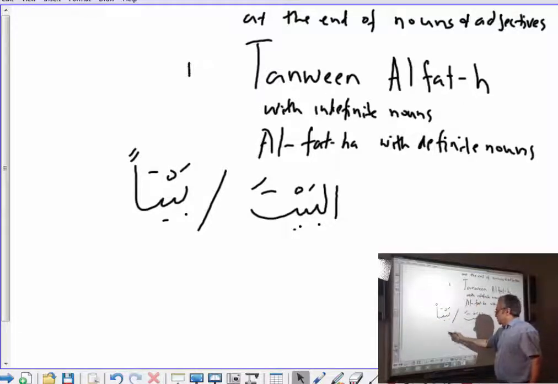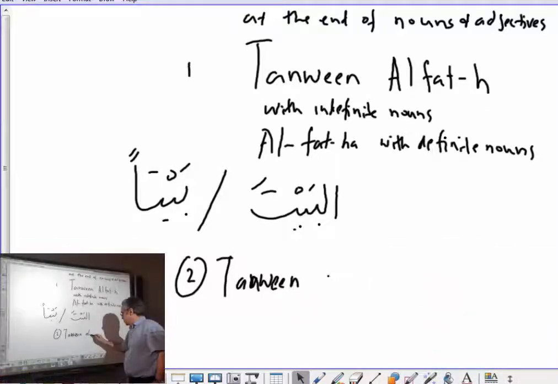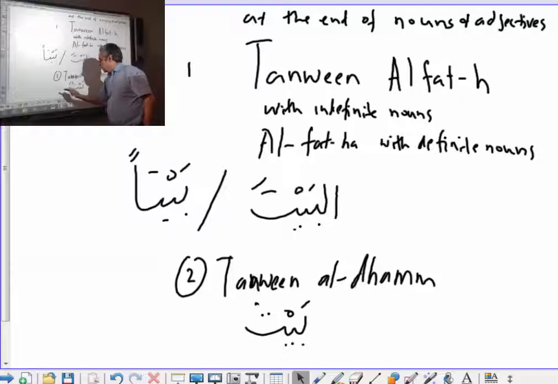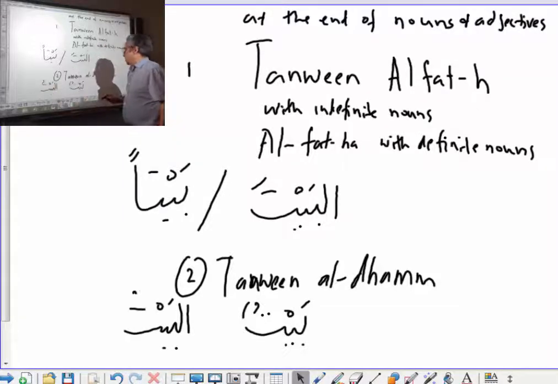And the second thing, we take it here, tanween al-dhamm, and here it is like baytun, and we have got al-baytu. As you remember in the Quran, you can see two small dhammas next to each other, and that means it is pronounced as un here. So we've got tanween al-fatih, tanween al-dhamm.